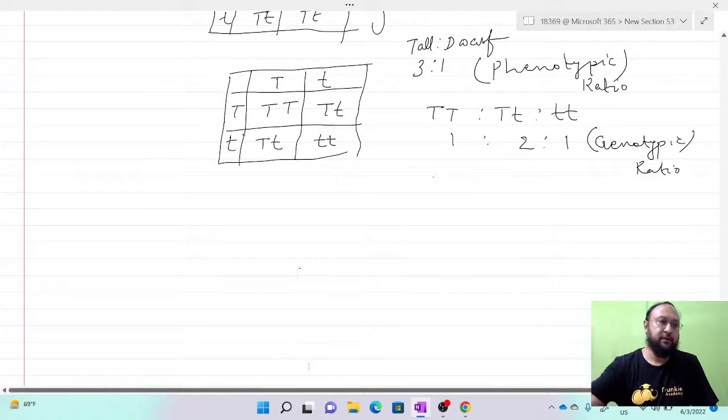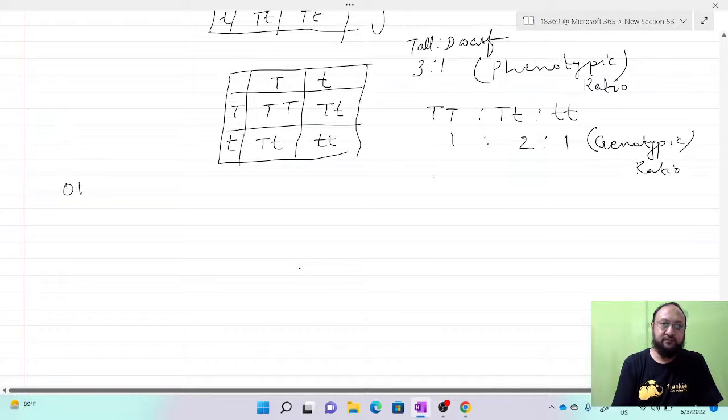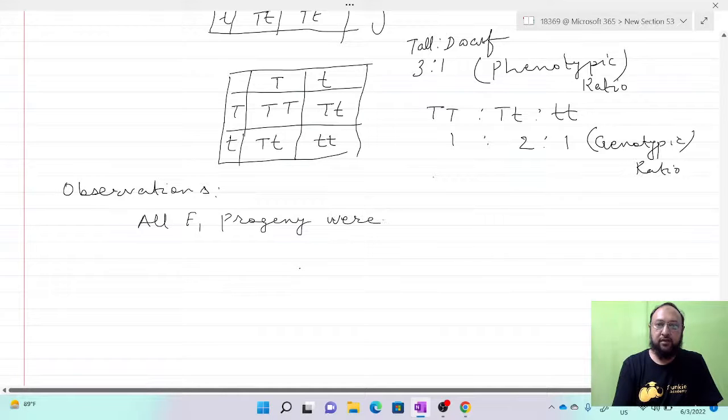Now, what did he observe? What were his observations from this experiment? Observations means all F1 progenies were tall.